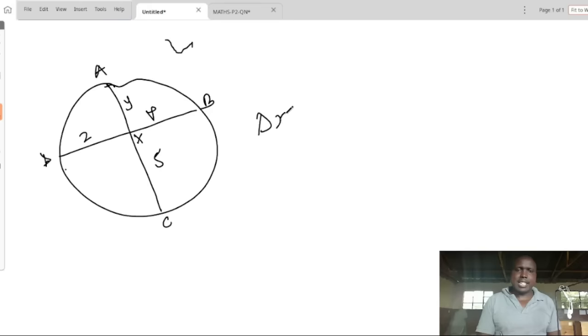DX times XB will be equal to AX times XC. So if it is internal like that, that is what it means.